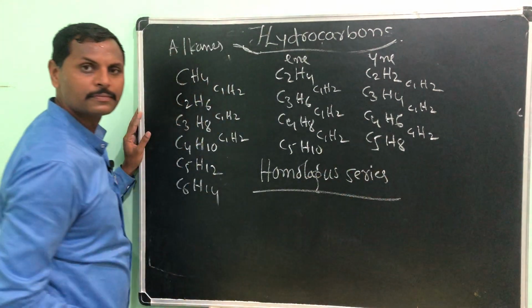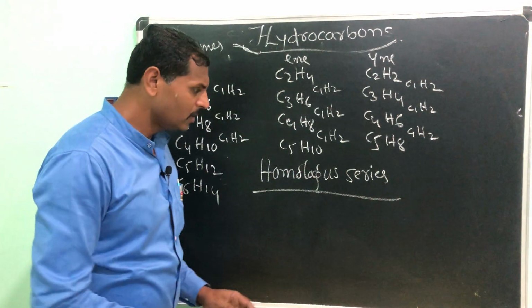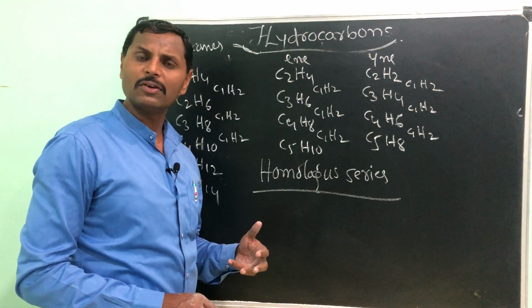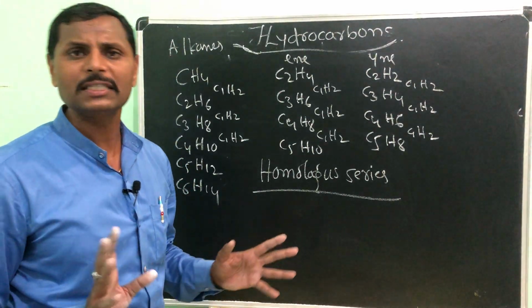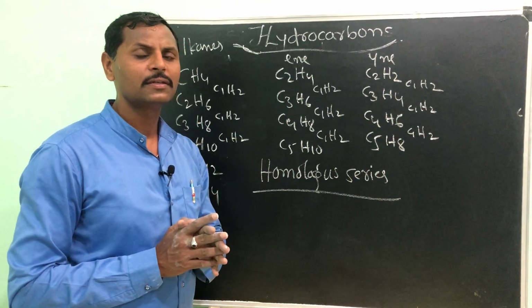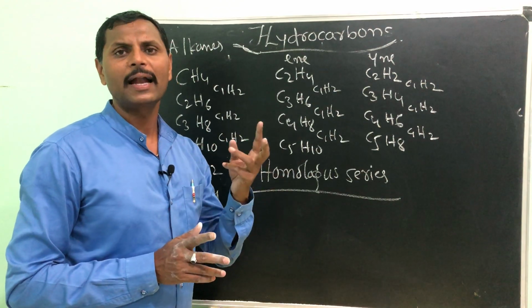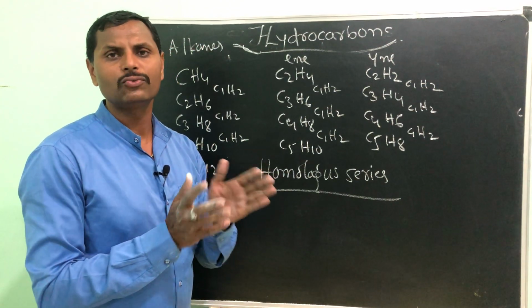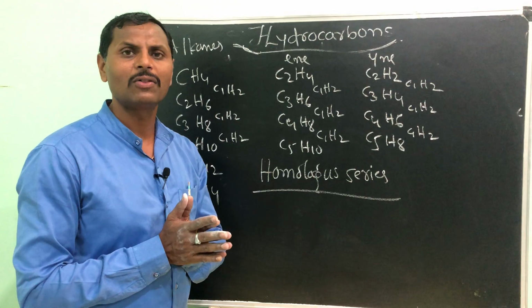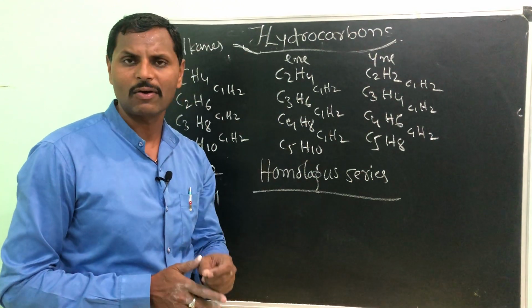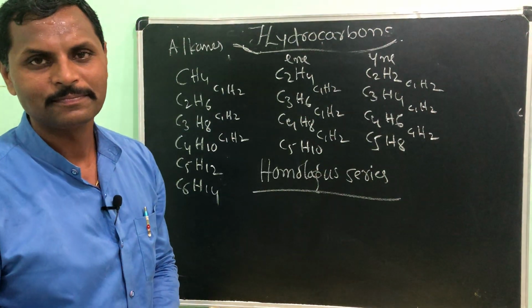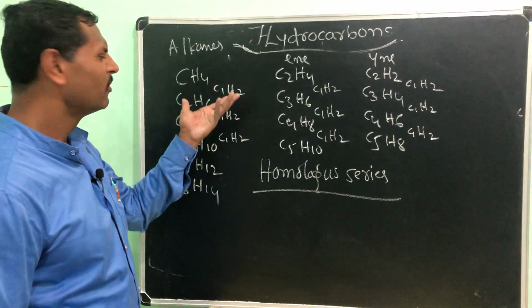Understood? Even you can take some functional groups also, methanol, ethanol, propanol, butanol. Simply there must be a difference of 1 carbon and 2 hydrogens between any two compounds, then you can call those the homologous members. If it is there in the series, you can call it a homologous series. Getting my point? Okay, very simple.